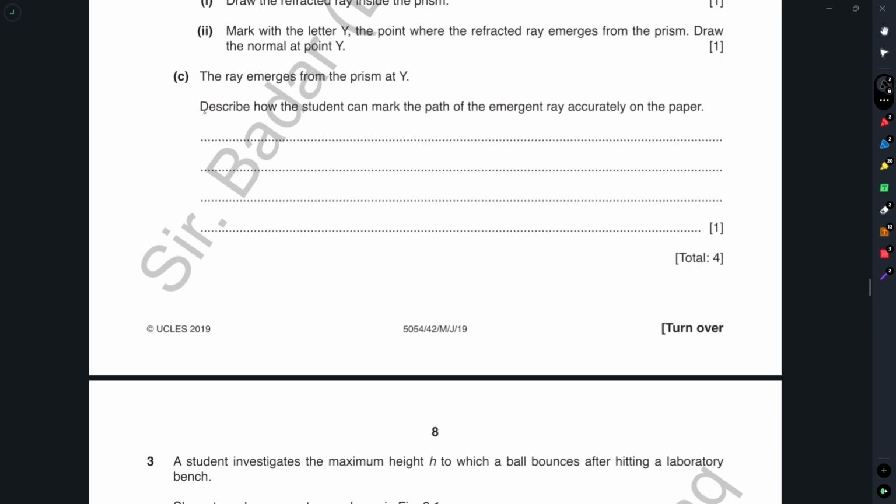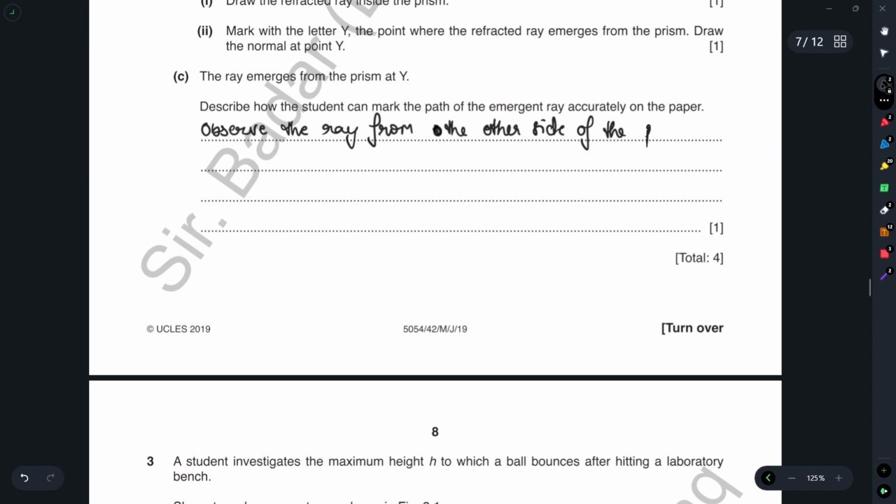So essentially what we are going to do is observe the ray from the other side of the prism. Insert 2 pins. Now the pins have to be relatively far from each other. ऐसा नहीं है कि एक के बाद फौरन एक पिन लगा दी.